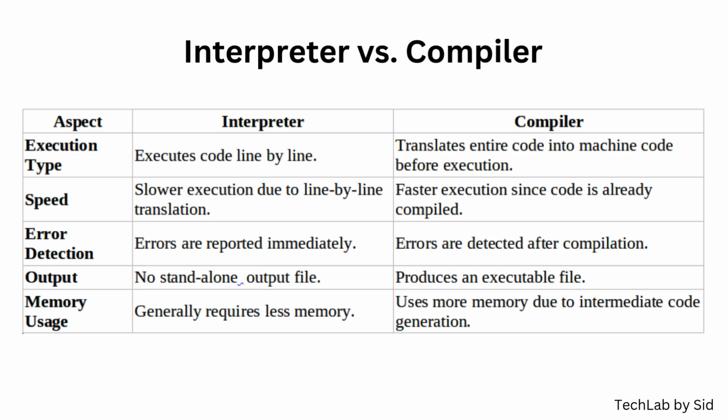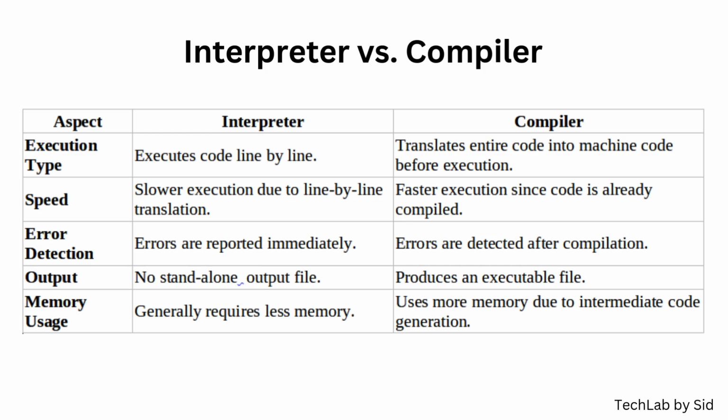Here is a comparison of interpreter and compiler. An interpreter executes code line by line, whereas a compiler translates the entire code into machine code before execution. There is slower execution in an interpreter due to line-by-line translation, whereas in the case of a compiler there is faster execution since the code is already compiled.